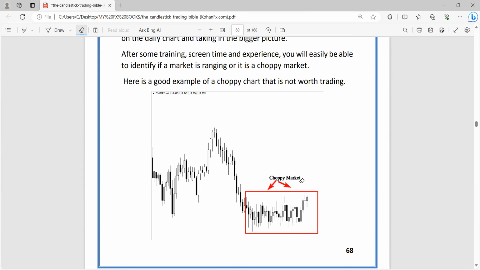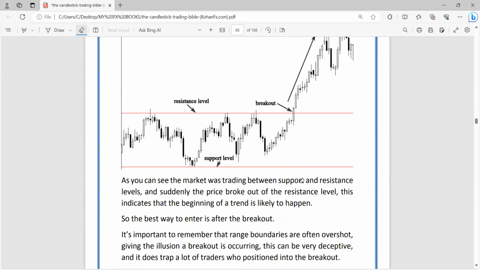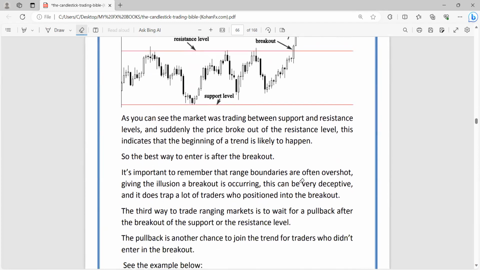What differentiates a choppy market from a ranging market is a ranging market has definite moves that you can see. Like for instance, these are definite moves that you can see. This. Then it goes back down, then it goes up.